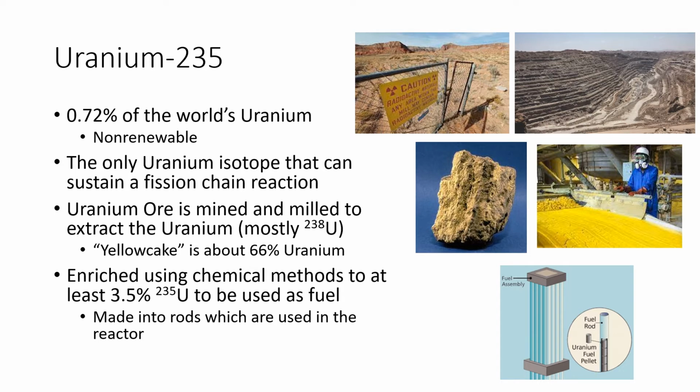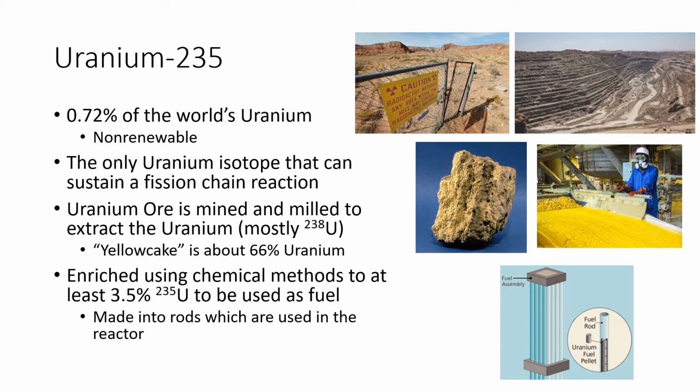And so the only uranium isotope that can sustain this fission chain reaction is this 235, and that's why it's so important. So we have to mine for uranium ore, and then we mill it to actually get the uranium out of it and refine it into a higher percentage of uranium.